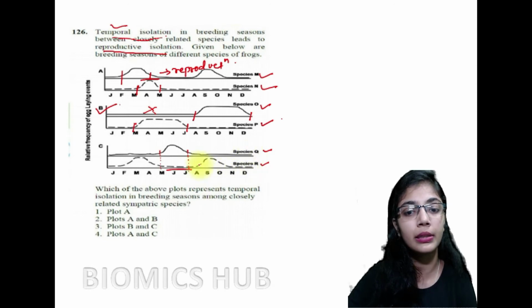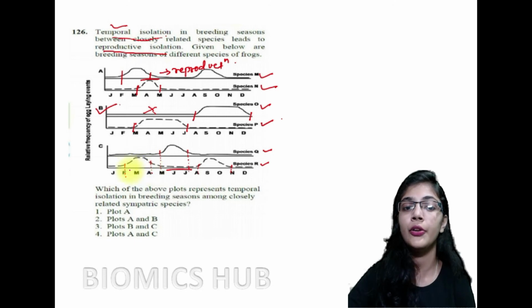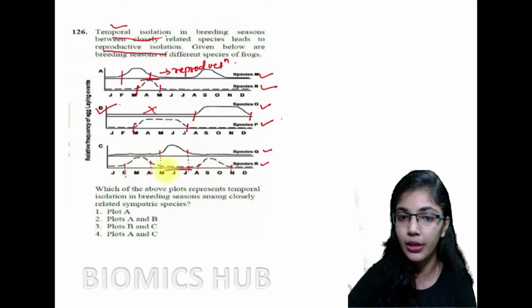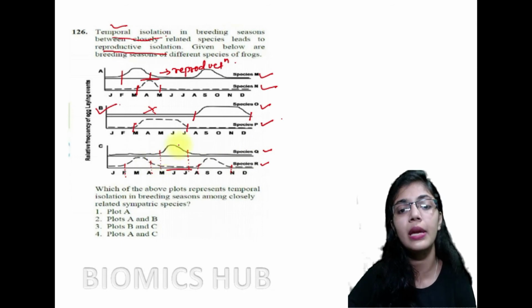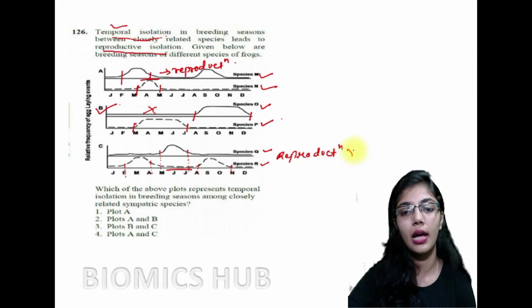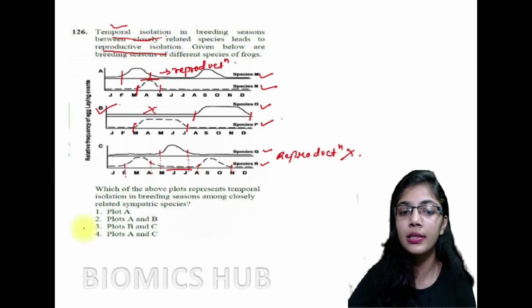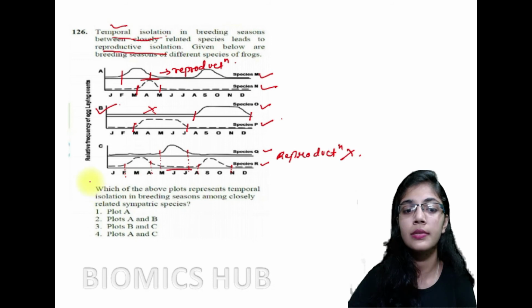It was during the month of August till November, and from the month of February till April. But during these two periods, species Q was not favoring reproduction. So in the C graph, it is showing that reproduction cannot take place. Reproduction is absent.